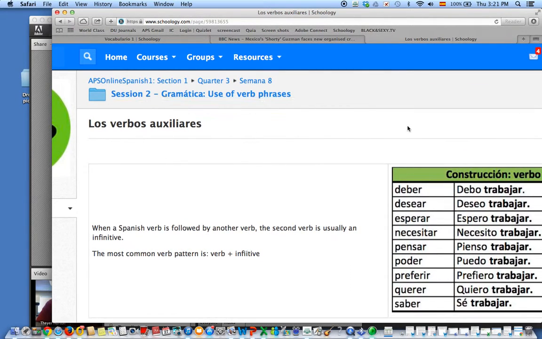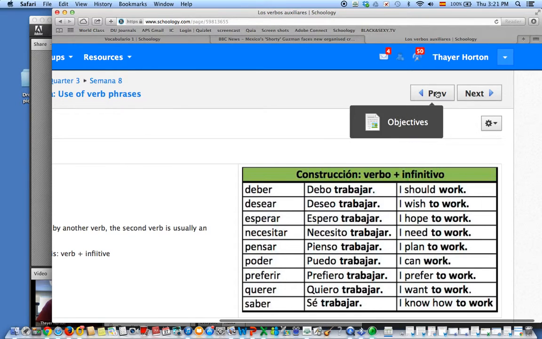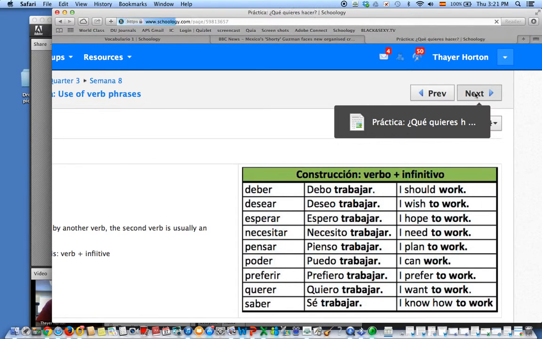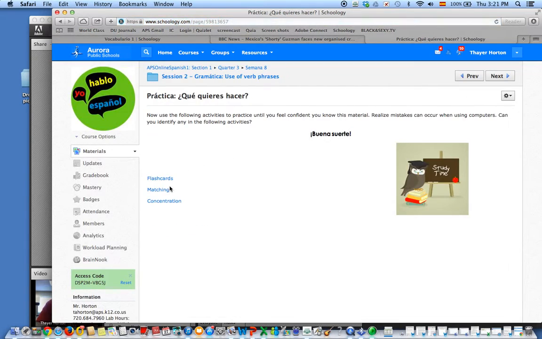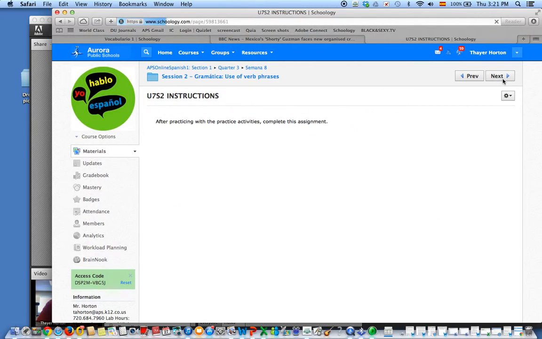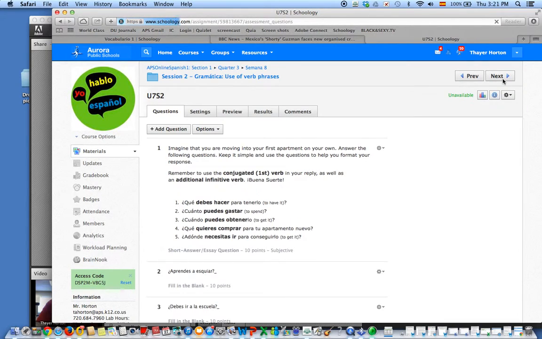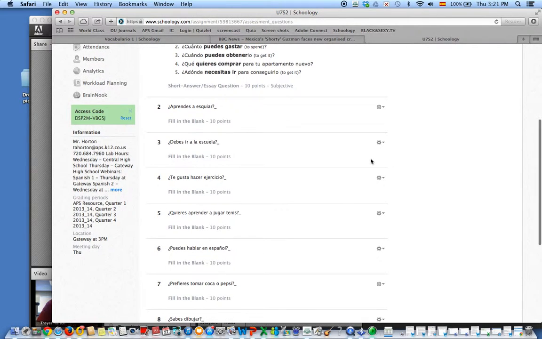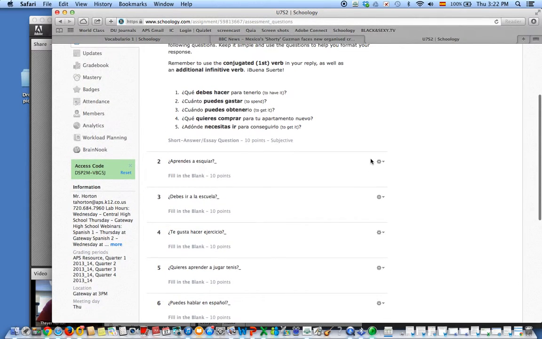Anywho, next right here we have flashcards, so you can practice this wonderful thing you just learned. And then there's a quiz right here where you end up practicing pretty much until you get it all right, because you can take it unlimited times, answering these questions.